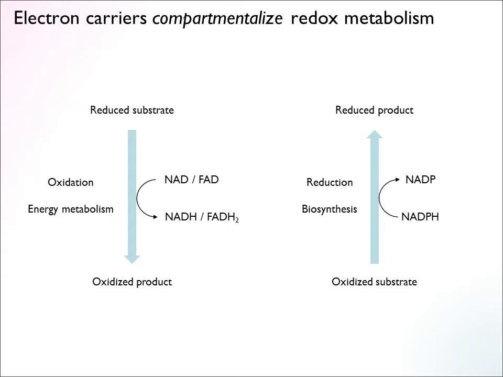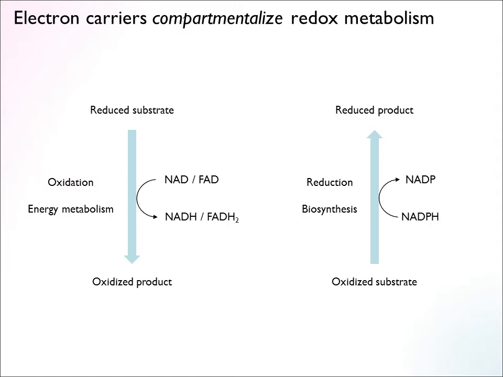And this is an important point, I think, because this compartmentalizes redox metabolism. You have two compartments. You have the oxidative and you have the reductive compartment. So two separate processes are occurring at the same time. And this has to be probably like this because all cells have to do both oxidation and reduction at the same time. All cells need to oxidize something in order to extract energy.